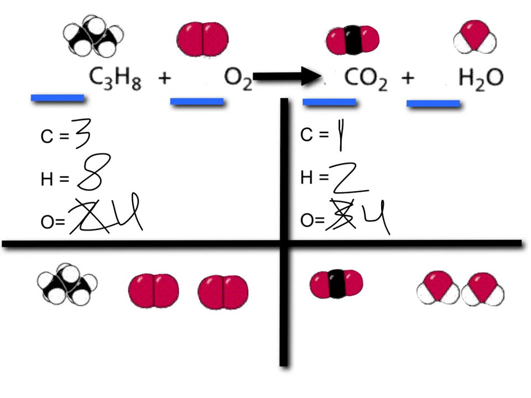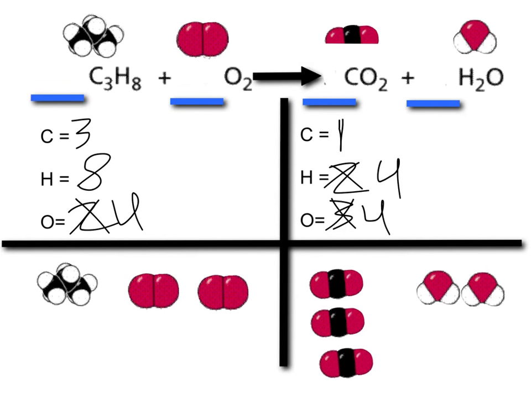But this messes up the hydrogen, which is now 4 instead of 2, and that's still not even. So what we can do is add 2 more CO2s in order to mix up the carbons, so that way we have 3 on each side.